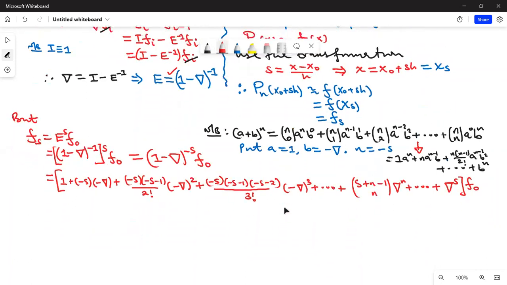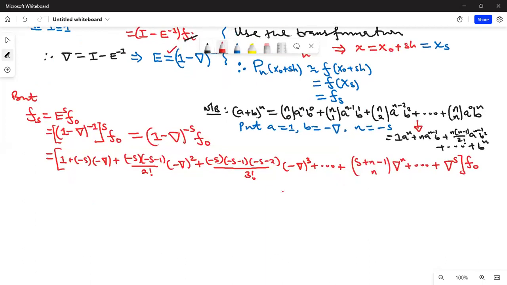So this can as well be written as, if I open the bracket, I'll have f naught plus s backward of f naught.